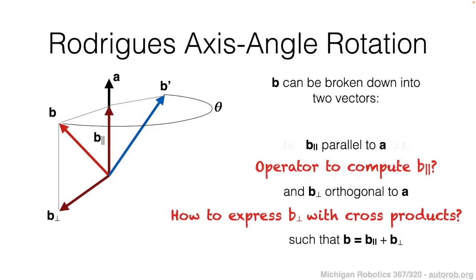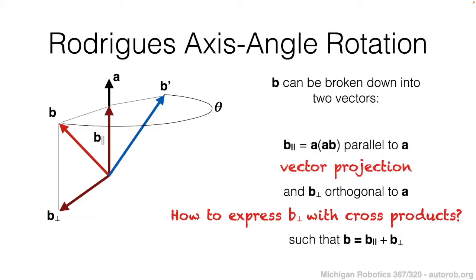So feel free to pause the video and think about this, but I'm going to go ahead and show the answers. The first component, B parallel, can be computed using the dot product. If you take the vector A and multiply it by the dot product of A with B, you'll have the projection of B onto A, which aligns with this B parallel vector that we're interested in.